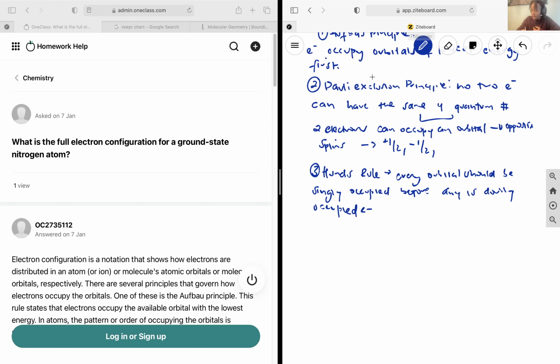And so the majority of these principles can be executed if we follow Madelung's rule, which can be illustrated as such.